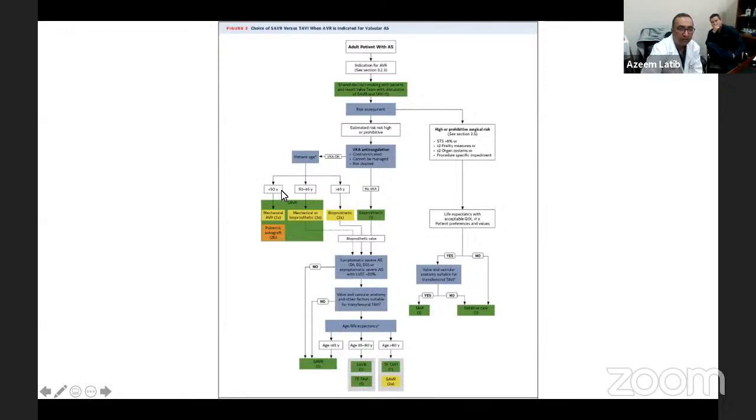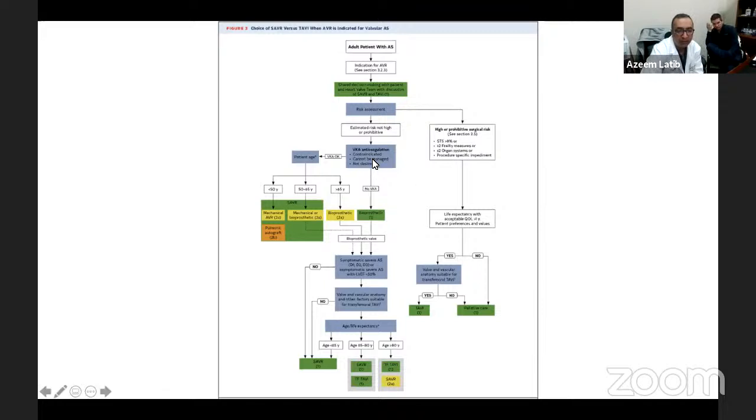If you have a patient who's less than 50, then you should really be trying to do a mechanical aortic valve replacement. If they're 50 to 65, it could be mechanical or bioprosthetic, but essentially trying again to be mechanical. And for a biological valve, a class 1 indication for surgical AVR.